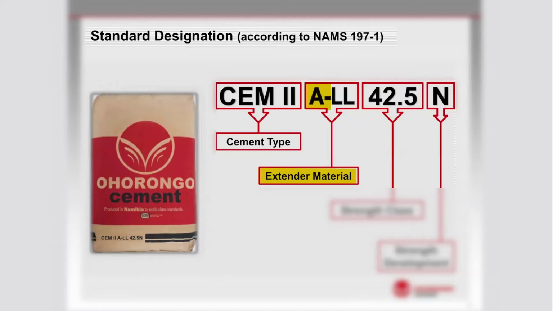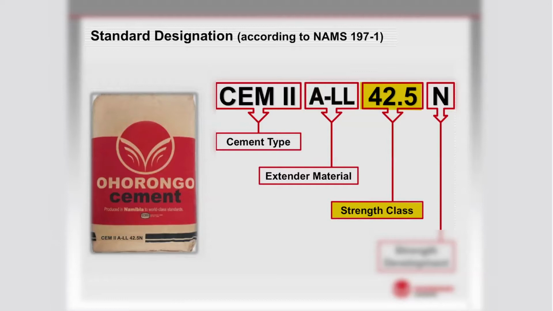The A represents the percentage of additives used in the cement. The LL in this case represents high-grade limestone with a low organic content. The 42.5 represents the minimum compressive strength the cement will achieve after 28 days.